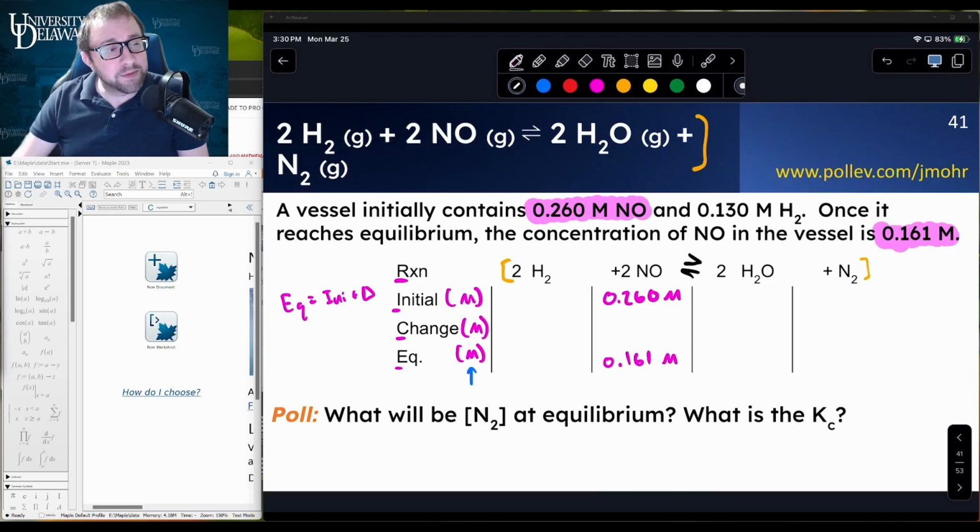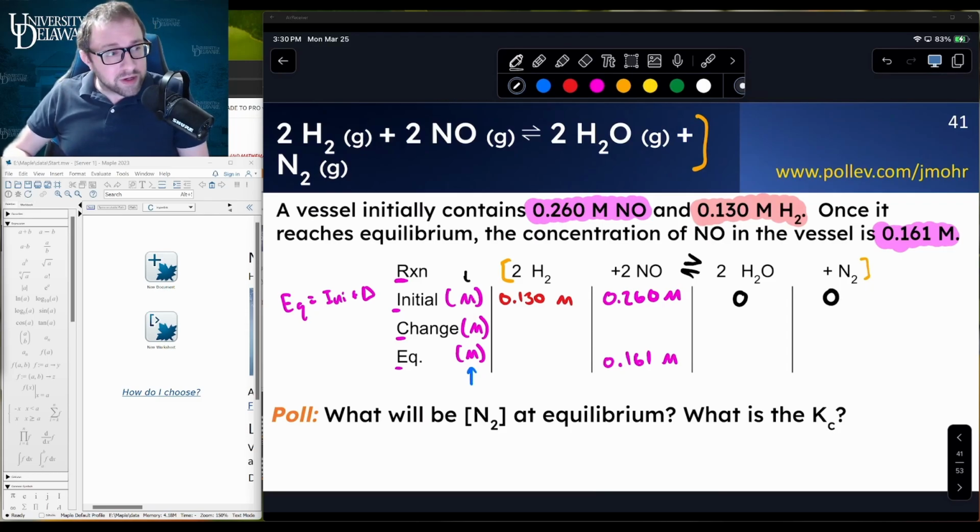I don't have to put the M's into my table, again, because they are over here, doesn't matter. We're told our initial concentration of H2, right? So that's going to be 0.130 molar. We're not told our initial concentrations of water and nitrogen, our products, but if we're not told them, it's safe to assume they're zero, all right?